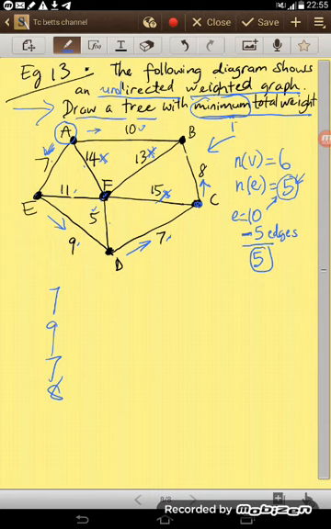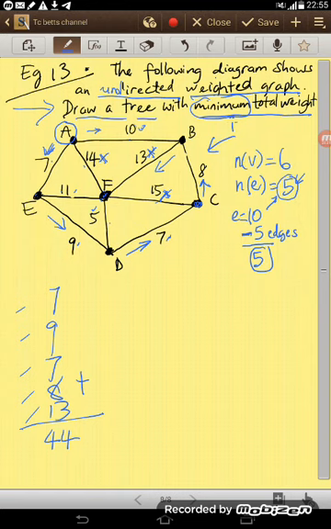I cannot go to 10 because it will make a complete circle. So this is not a tree. So I have to choose 13. You have 5 edges here. That means, and you total up everything, you will get here 44.